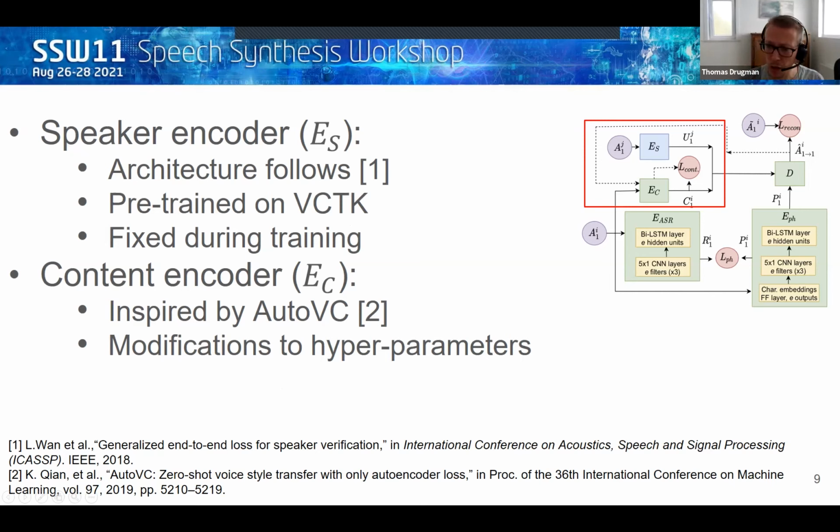And the speaker verification is pre-trained on the VCTK database and it's frozen during training. The content encoder is here and it's largely inspired by AutoVC with only modification to the hyperparameters. So this part here actually is, I would say, very standard and builds upon AutoVC.